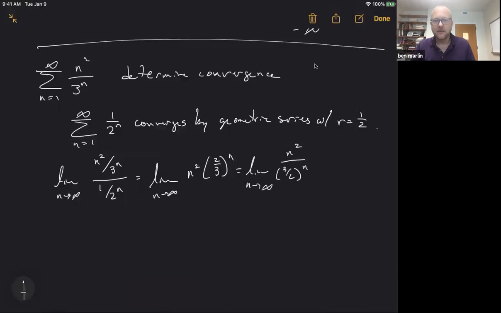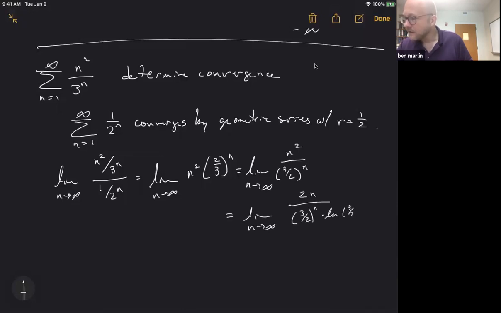What I just did there was to set it up to do L'Hopital's rule really easily. For L'Hopital's rule, you remember that you take the derivative at the top and the derivative at the bottom. So the top, you'd have 2n, and the bottom, you'd have (3/2) to the n times the log of 3/2.